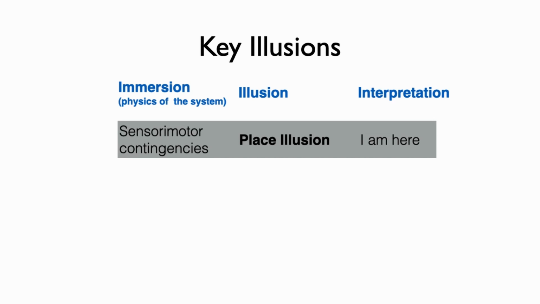By that I mean you use your body to perceive as you do in everyday life. If you want to look behind an object, you move your head. You can look underneath things, you can bend down, you can reach out and touch things and so on. To the extent that these sensory motor contingencies are supported, that's the extent to which you may have the illusion of being in the virtual place.